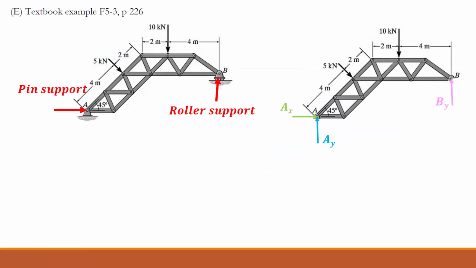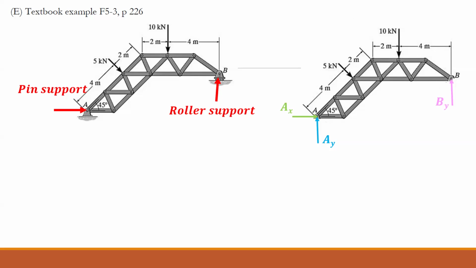So this is what we have. Now we have done the first step, which is identifying the supports. We found the supports, which is a pin at A and a roller at B, and we replaced them by forces, and we have separated the structure and put all the forces. So this is our free body diagram.